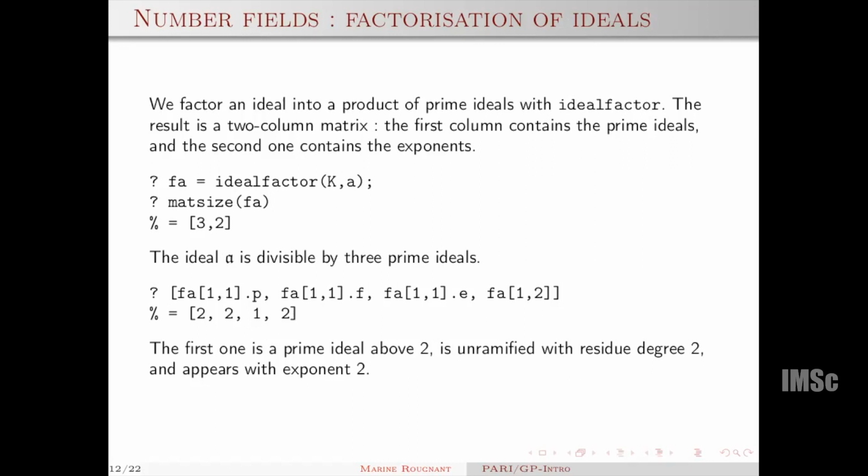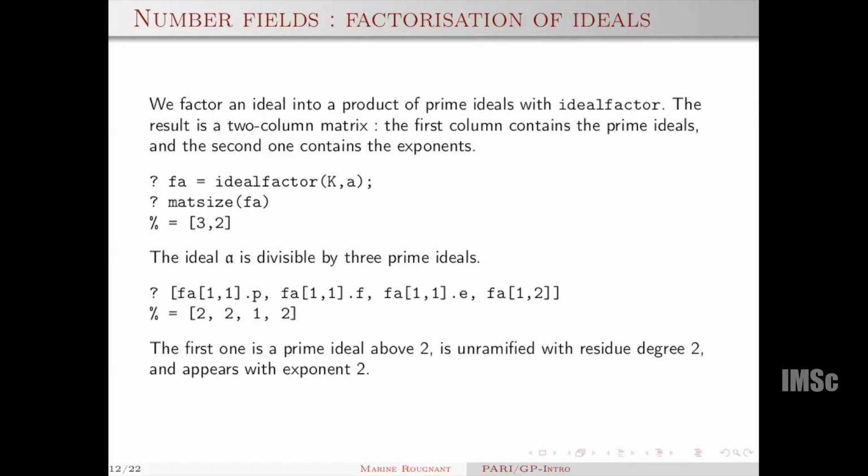So here, if I try to factor A, my last A in K, I get a matrix with 3 lines and 2 columns. 2 columns, I already knew that. 3 lines means that it's the product of powers of 3 different prime ideals.